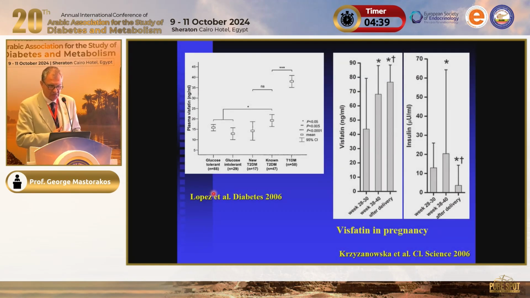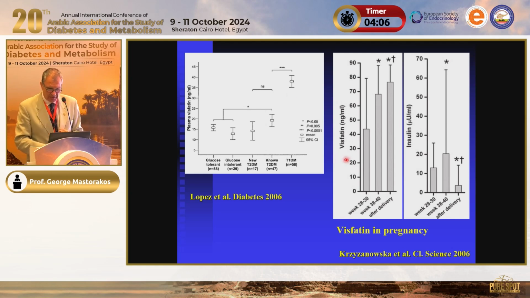And so in studies which took place almost 20 years ago, we see that the more seriously diabetic a person is, and you will agree with me that the most serious diabetics are people suffering from diabetes type 1, the more visfatin they have, as if the body, through the different ways it has to produce visfatin, tries to find a molecule which is going to facilitate insulin activity in these patients who need insulin desperately.